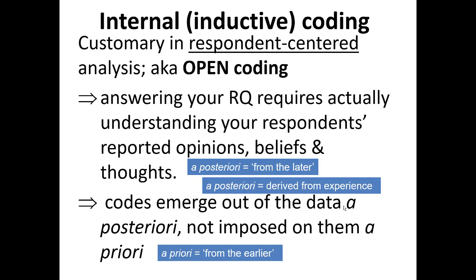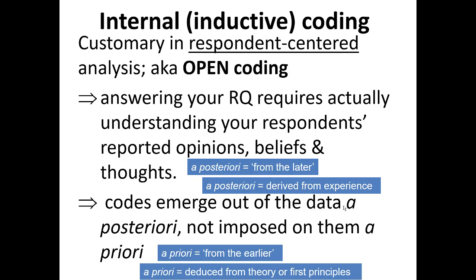Whereas a priori is literally from the earlier, but in philosophy it means we know this because it's deduced from theory or first principles. If you've ever done proofs in geometry, that is a form of a priori knowing, deduction from theory or first principles. In practice, we often just use the literature review, which suggests we're likely to see this thing or that thing, and then we pay attention to whether that really happens.